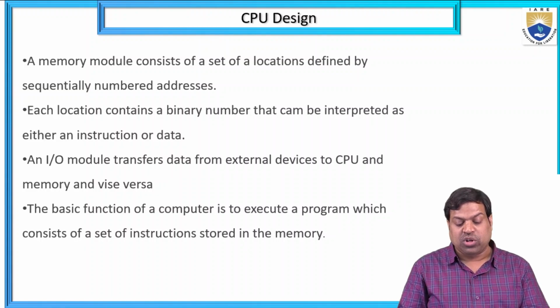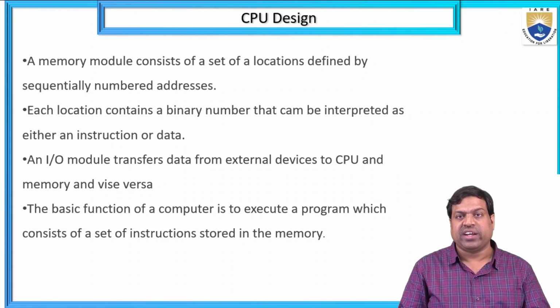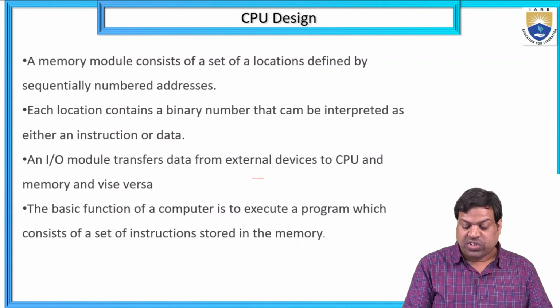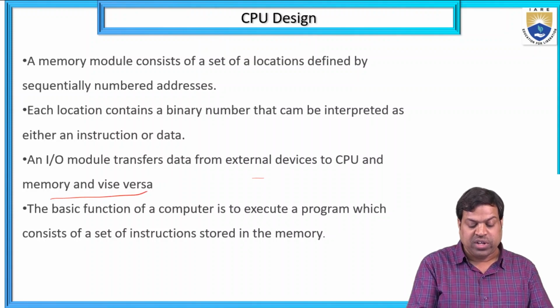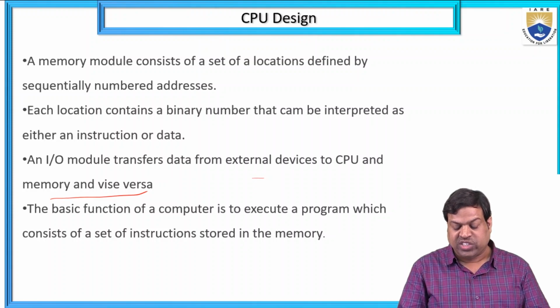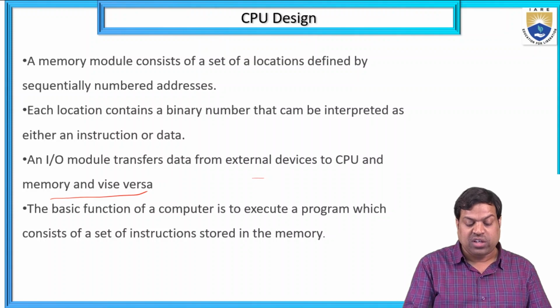Next, a memory module consists of a set of locations defined by sequentially numbered addresses. Each location contains a binary number that can be interpreted as either an instruction or data. And input-output modules transfer the data from external devices to the CPU and memory and vice versa. The basic function of a computer is to execute a program, which consists of a set of instructions stored in the memory.